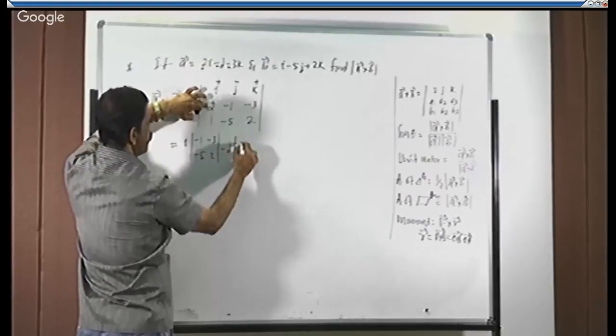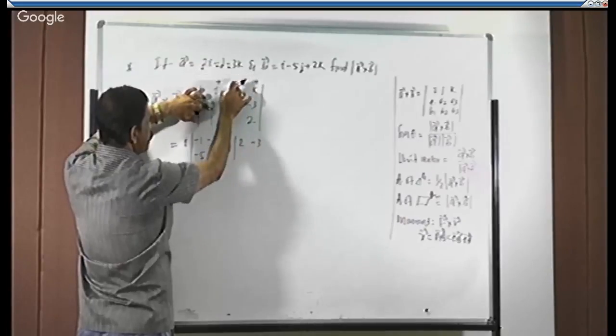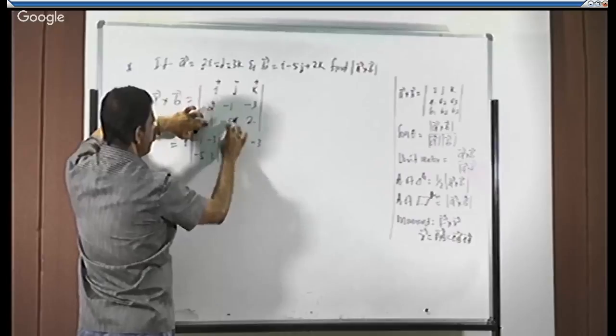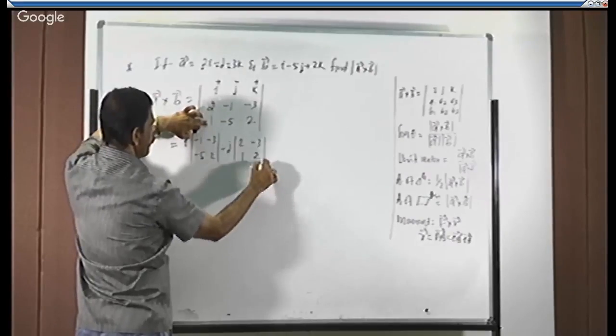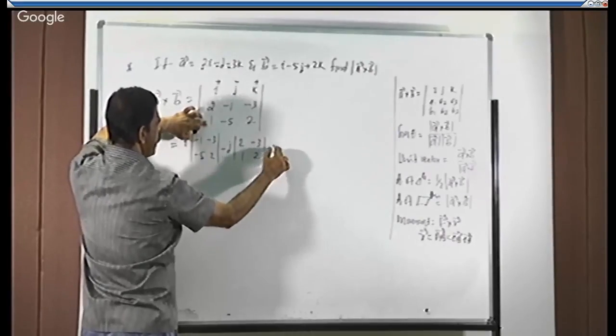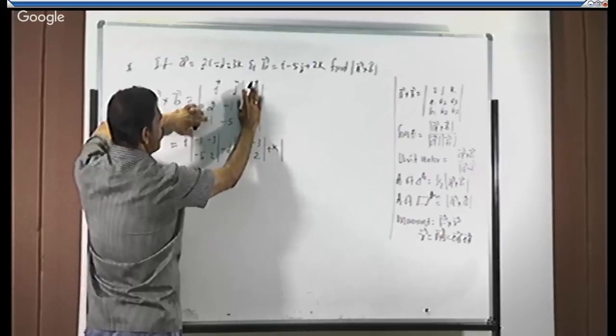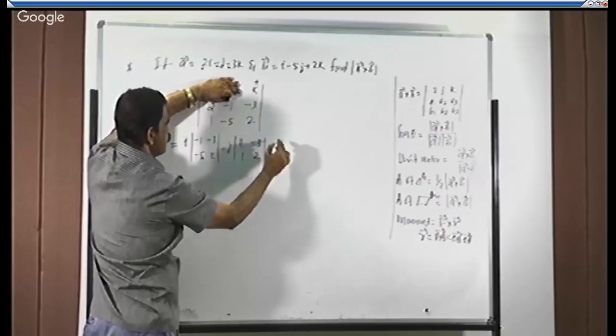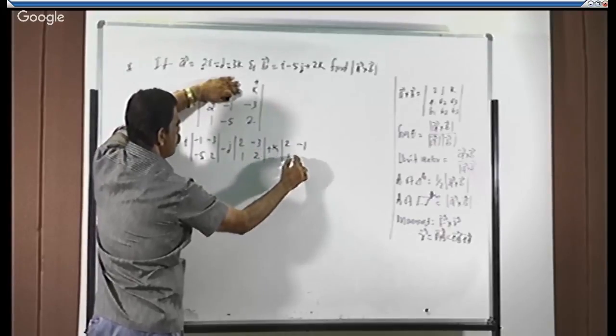The remaining elements are 2, minus 3, 1, 2. Plus of k into: leave this column and row. The remaining elements are 2, minus 1, 1, minus 5.